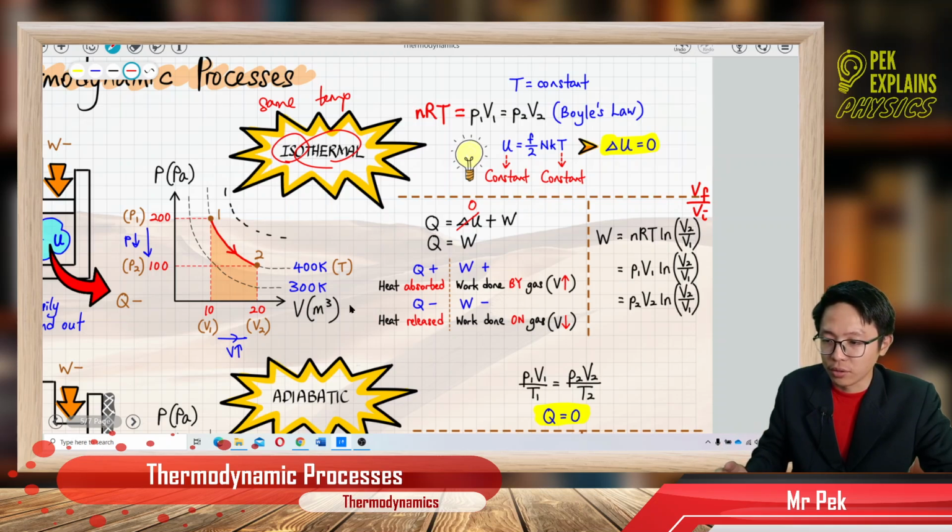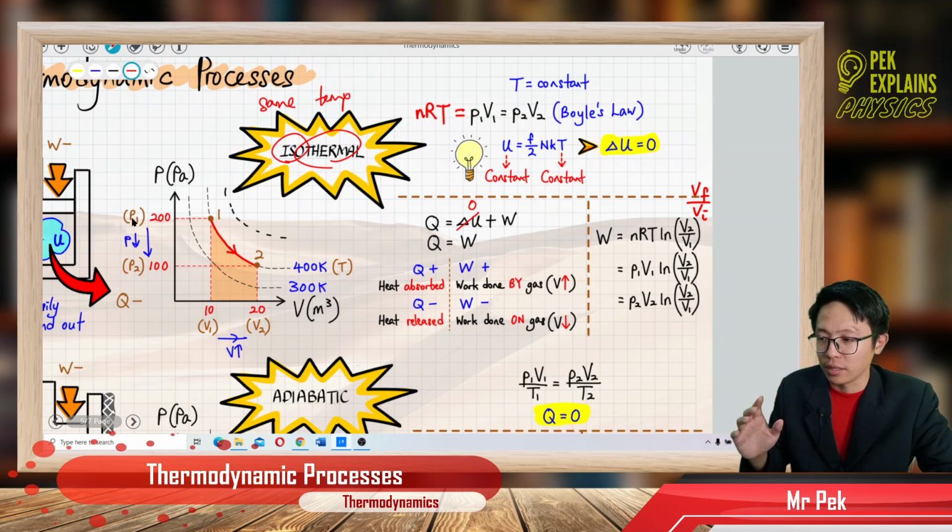Or you can also use P1 is 200 with V1 is 10, that is P1V1. Or you can also use P2V2, where P2 is 100 and V2 is 20. You will still get the same answer.